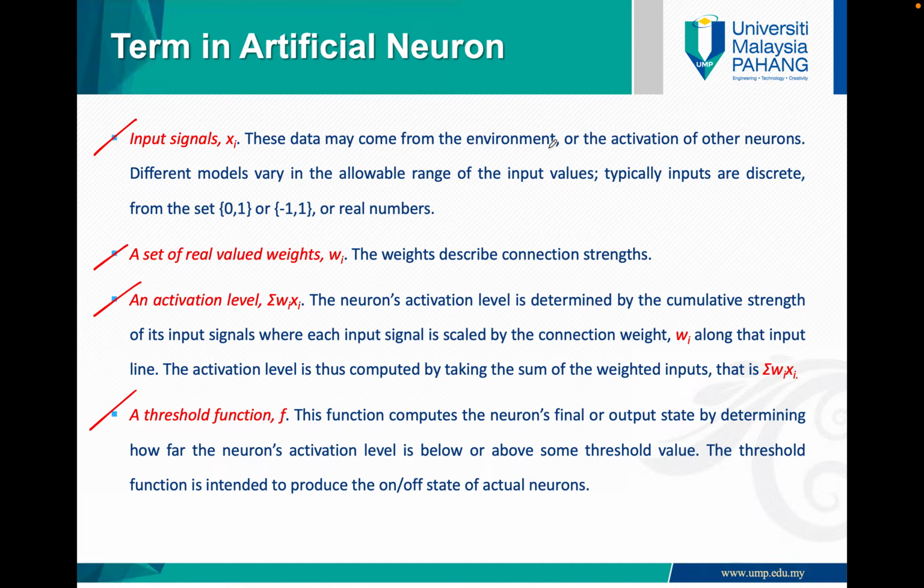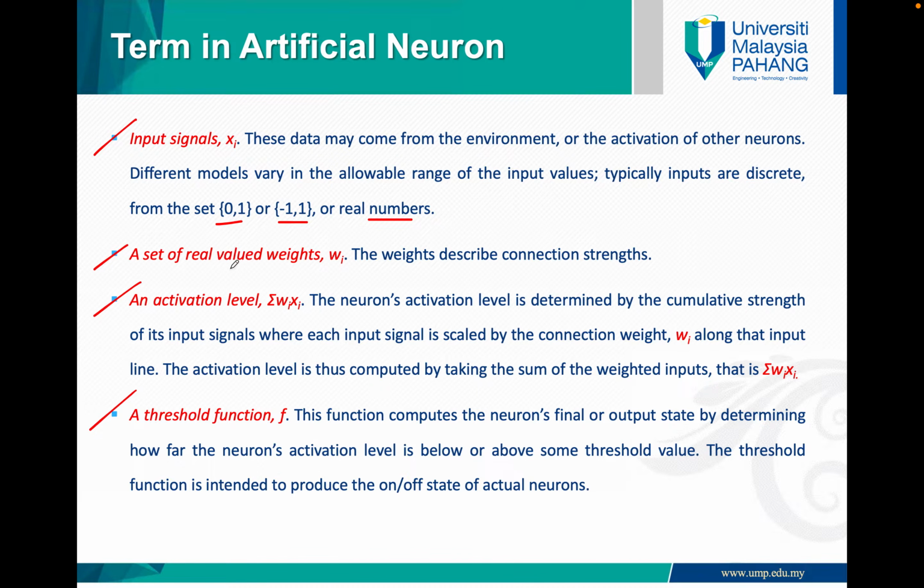It depends on your data set. Different models will be different, and the allowable range of the input values will also be different. It depends on the data sets. So typically inputs are discrete, from the set of 0, 1 or -1 to 1, or real numbers. That is the input signals.